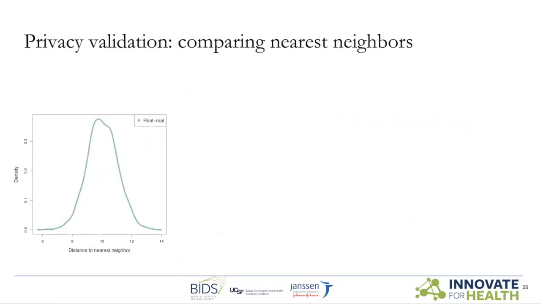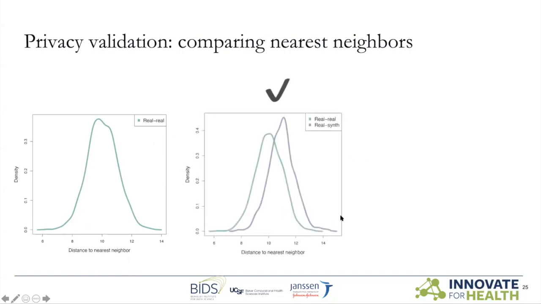So one of the simplest things we can do is just compare nearest neighbors. This means looking at the pairwise distances between real and synthetic samples and comparing that to the distribution of real versus real samples. For example, this is just a cartoon, but we can have some distribution of the distance to the nearest neighbor among pairs of real samples. And what we'd like to see is that the distribution of nearest neighbor distances among the real samples somewhat resembles the distribution between real and synthetic samples.